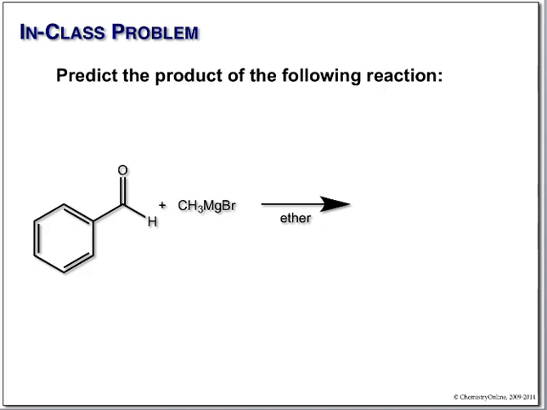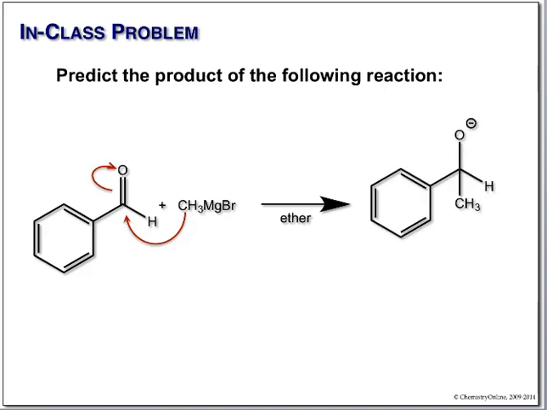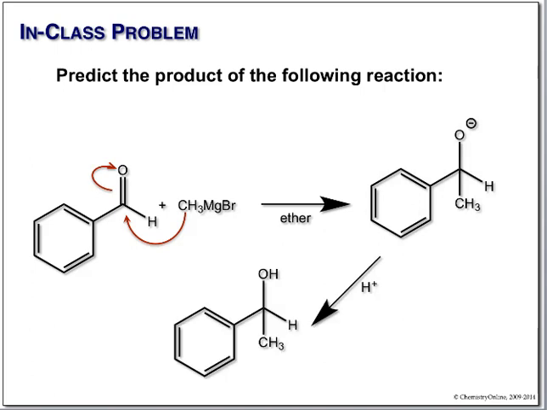When it does, we will make an oxyanion, and it will look like this. Because this is an aldehyde, we wind up with the oxyanion of a secondary alcohol. Dumping this into acid or water, we wind up with alpha methyl benzyl alcohol.